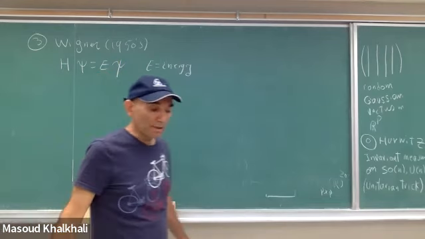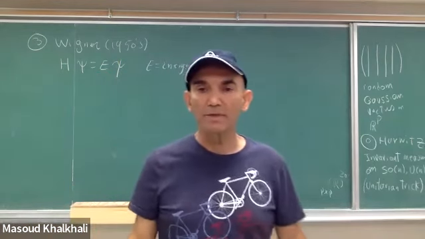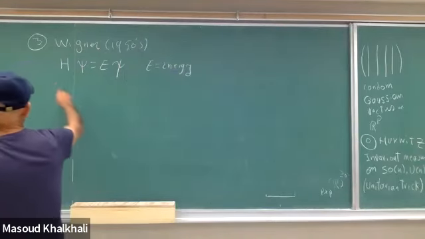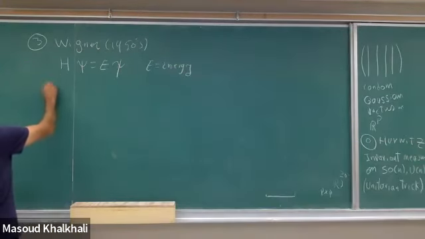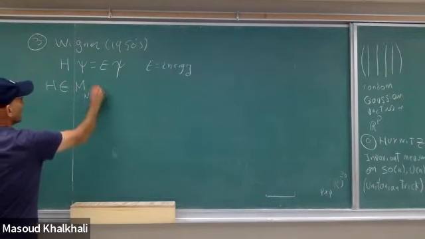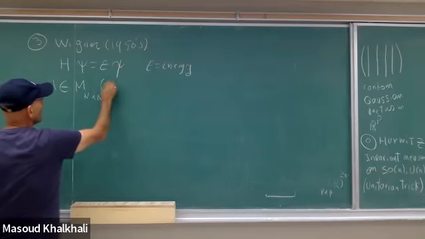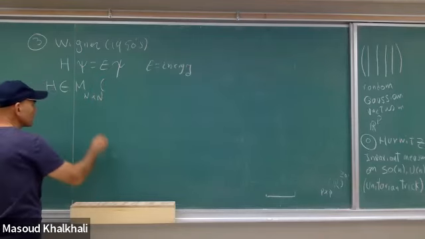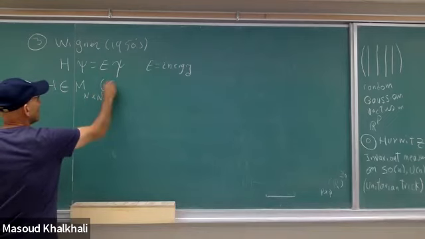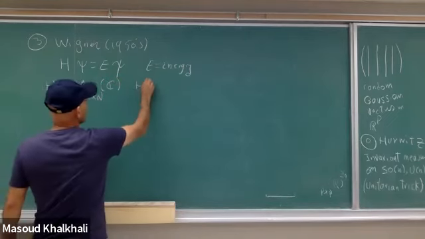So he said, okay, I don't know anything about H, so I'm going to assume H is just a finite n by n matrix. Hermitian, because we are in quantum mechanics, right? So H belonging to M_n(C), Hermitian.